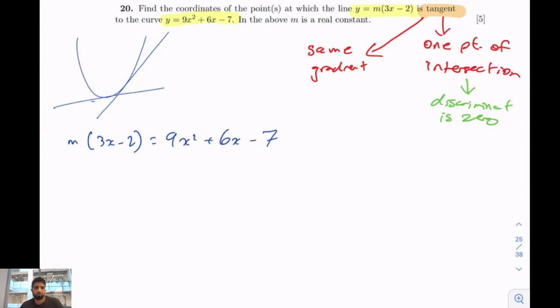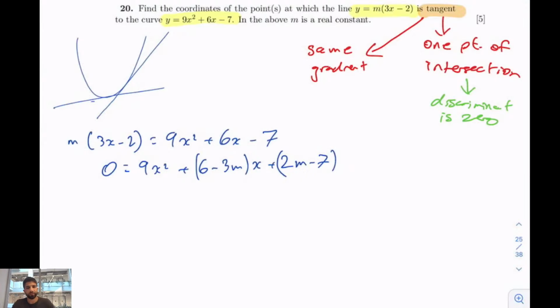And then I can do what I would normally do if I knew what m is. It doesn't matter that you don't know m. You can still solve this equation, and you should expect a quadratic equation from this. So I move my terms around. I will get 9x squared plus (6 minus 3m)x plus (2m minus 7).